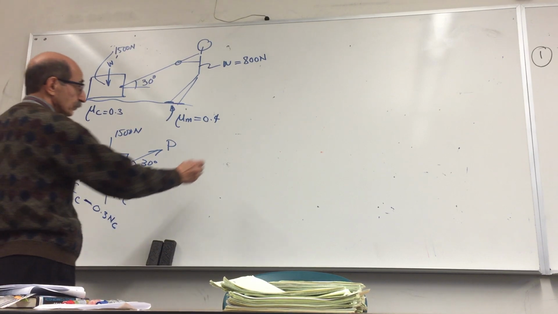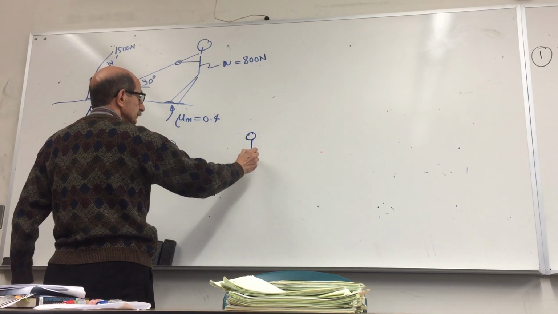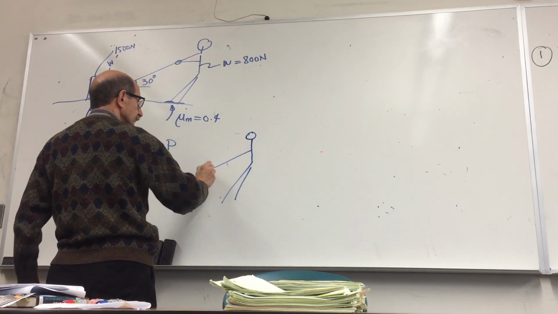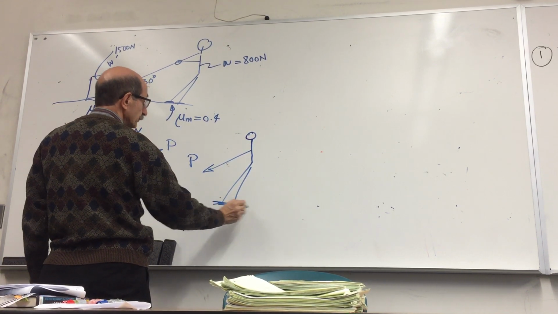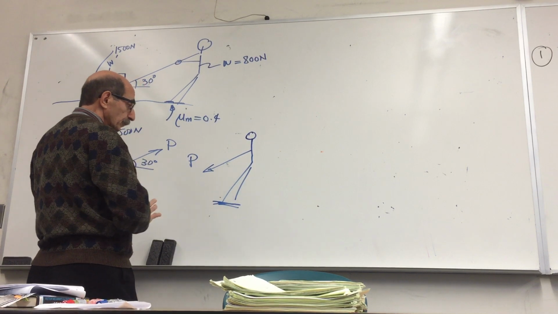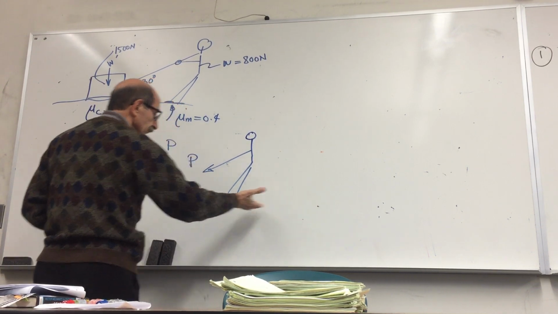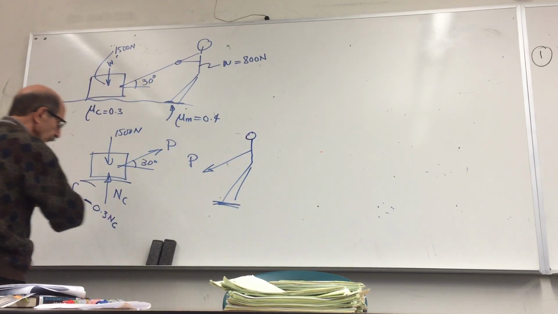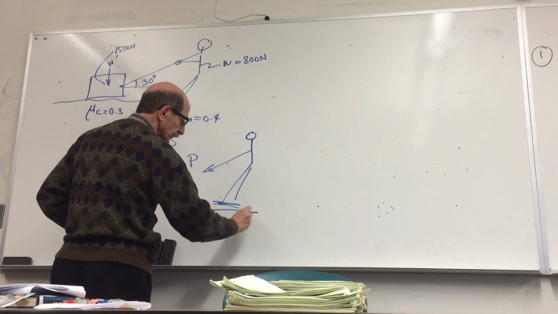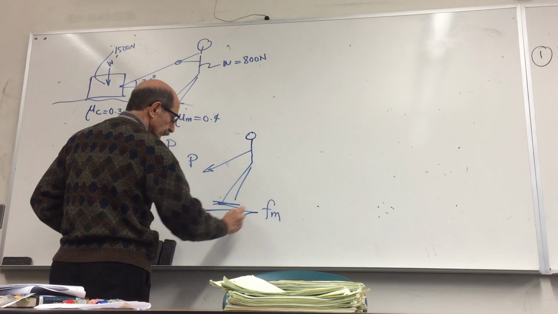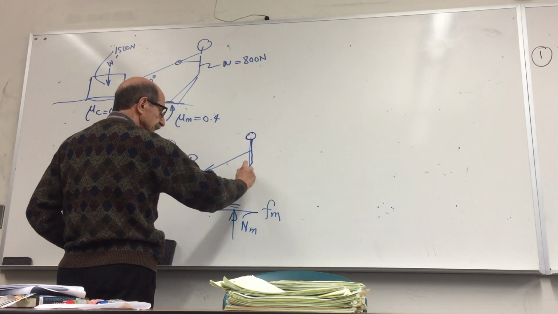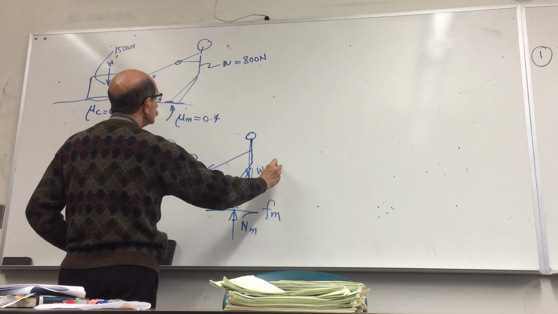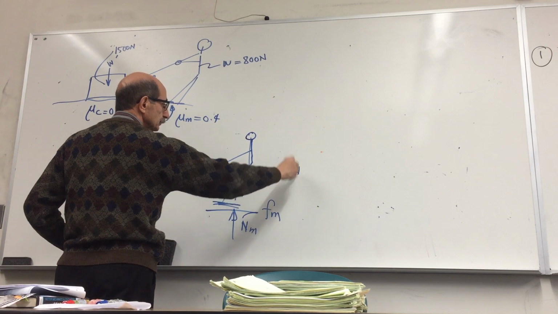But when it comes to this young man here, we do not know if this is the maximum friction force or not. But we know that if potentially this guy would slip this way, the force of friction would be this way, and we have a vertical force here, and this guy's weight, which is 800 Newton.